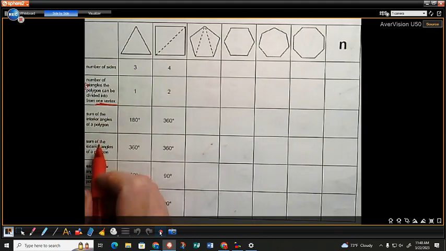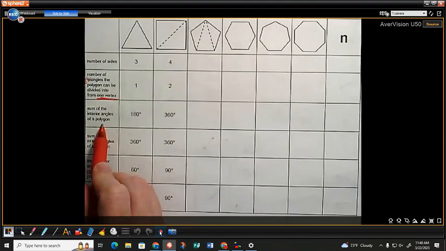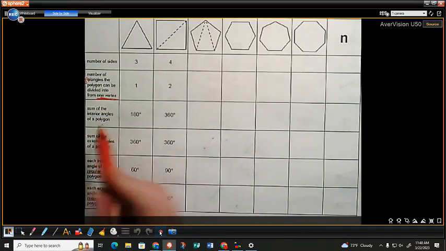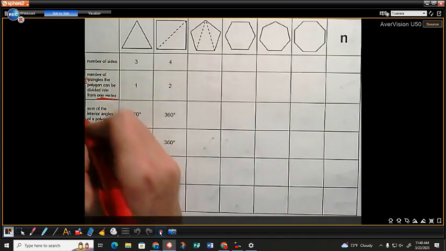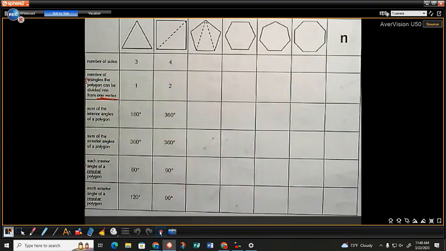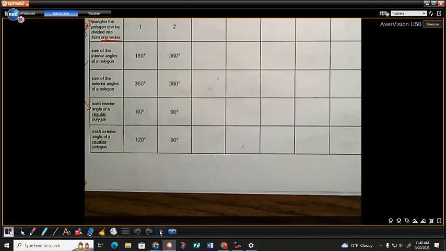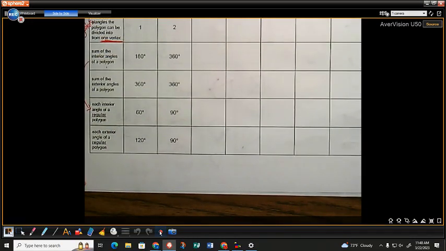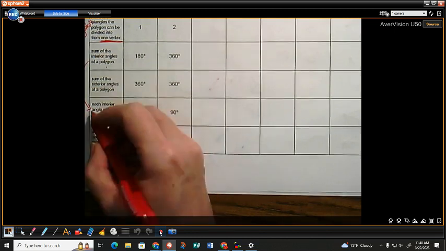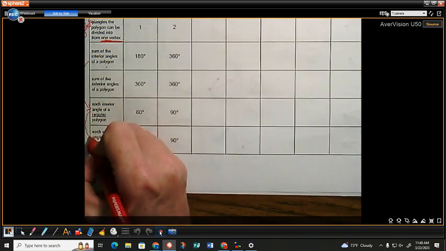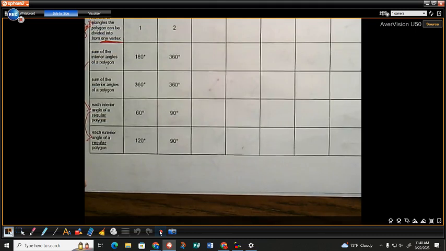Then I want you to add up all those angles and tell me the total sum. And then you're probably going to want to skip a line and come down here and find out how big each of the angles are individually. And then you'll probably want to figure out how big the exterior angles are.